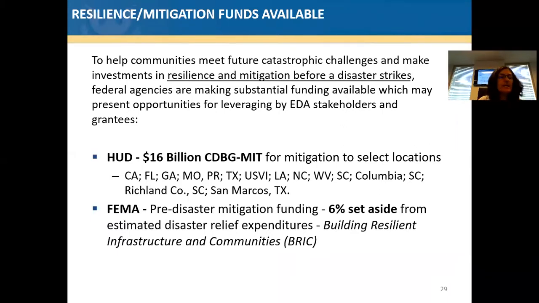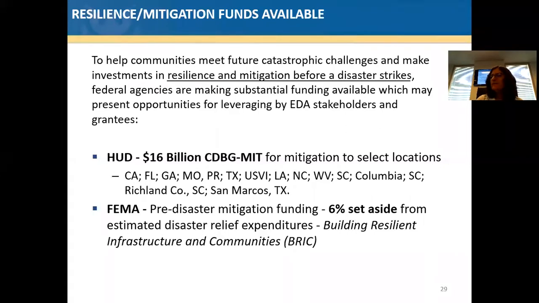That program, I understand, has the ability to generate an average annual pot of $300 to $500 million per year, with a possibility of more following a year with a particularly catastrophic set of disasters. So this money can be used for resilient infrastructure and other resiliency projects.